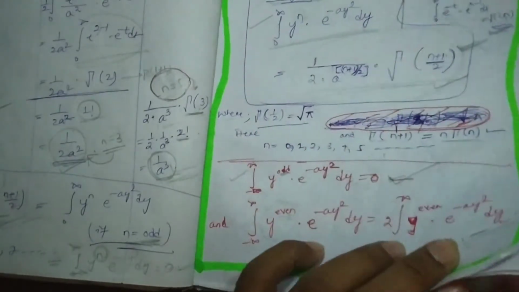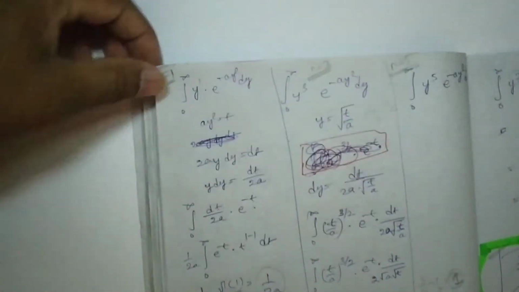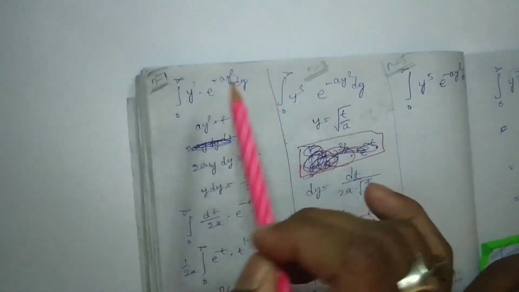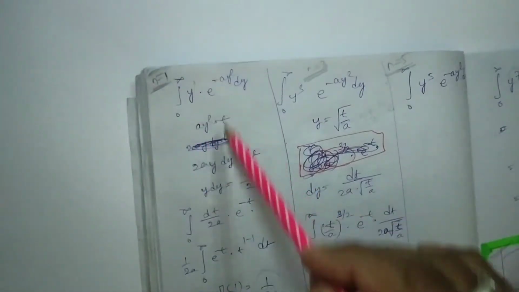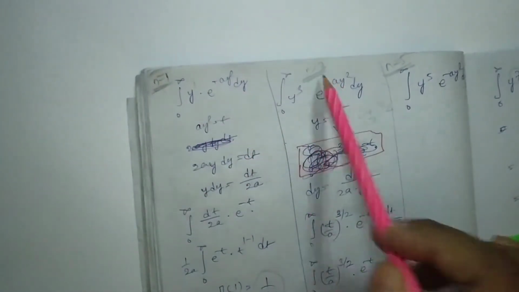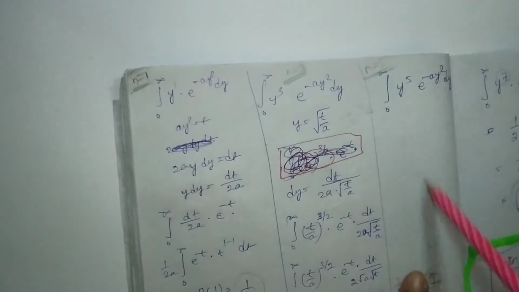These things you have to prove. Then for n equal to odd you give a subheading. For n equal to 1 you write this, for n equal to 3 this, for n equal to 5 this.